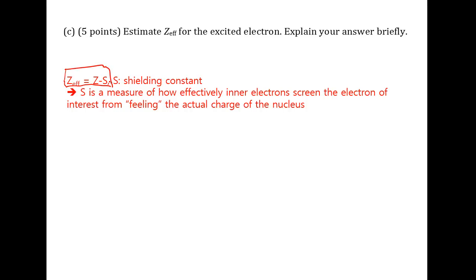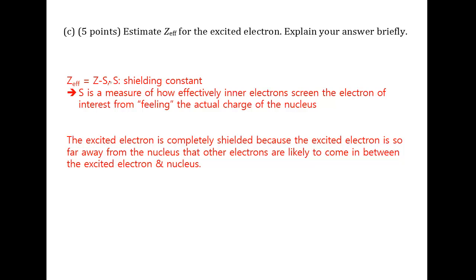The shielding constant is a measure of how effectively the inner electrons screen the electron of interest from feeling the actual charge of the nucleus. So if the electrons screen the electron from being attracted to the nucleus, it would have a higher shielding constant.